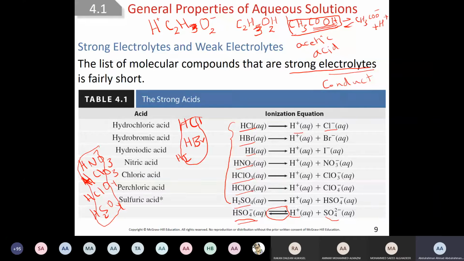Why did I write two arrows? Because it's a weak electrolyte. Weak acid means weak electrolyte as well. All right, good. So these are the acids that you must memorize as strong. This one is the weak electrolyte. Good. Next.